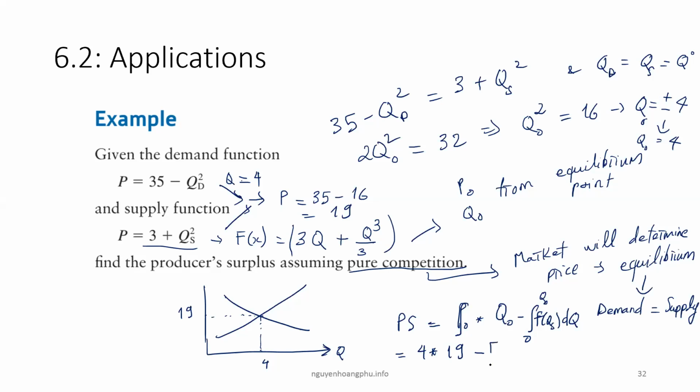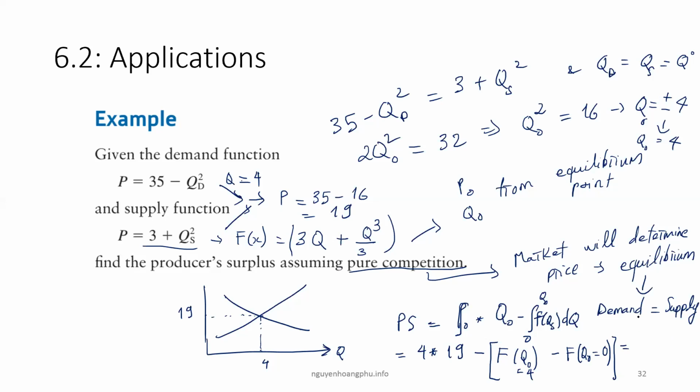So with q here equal to 0, F(0) is 0. So we only need to find the minus F(Q0), with Q0 equal to 4.